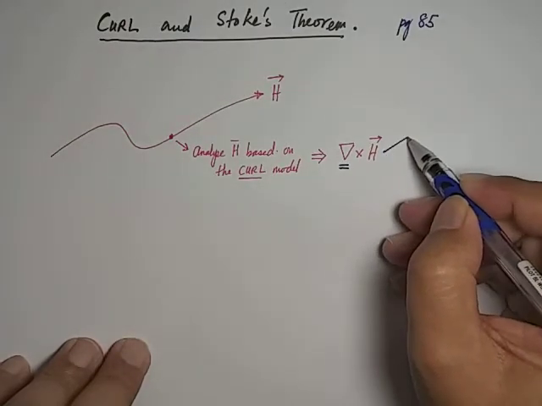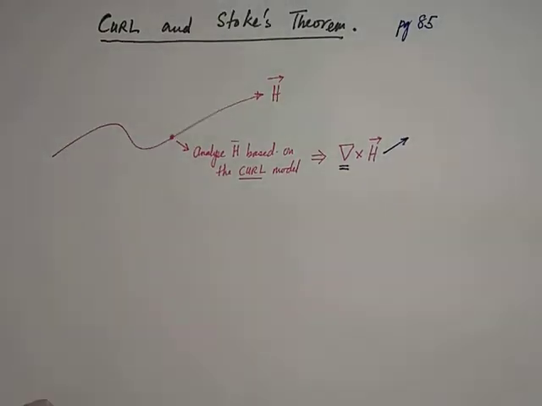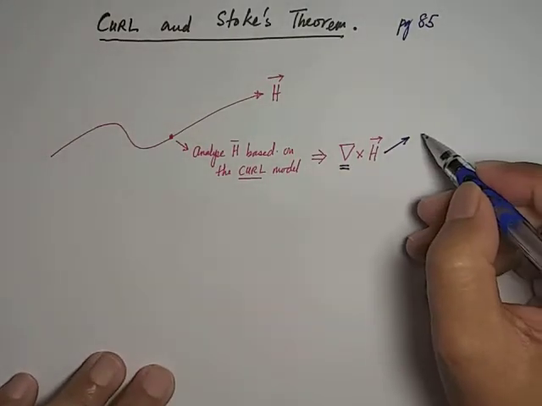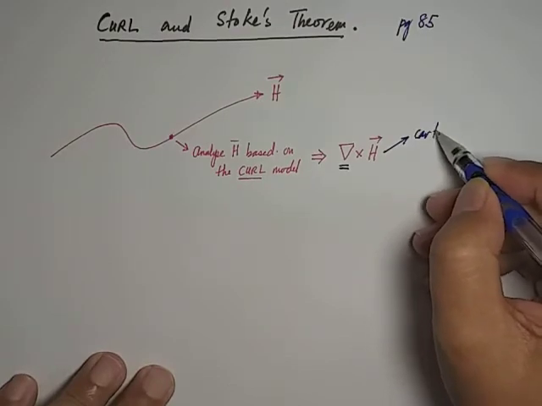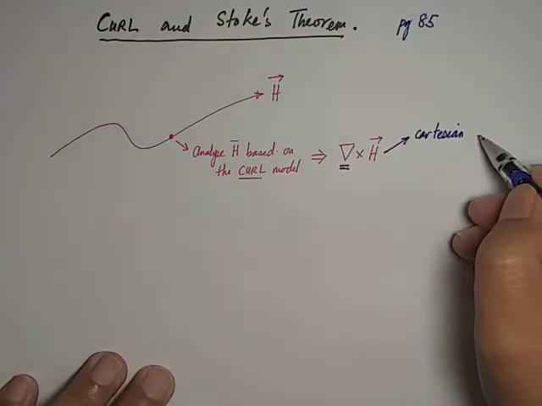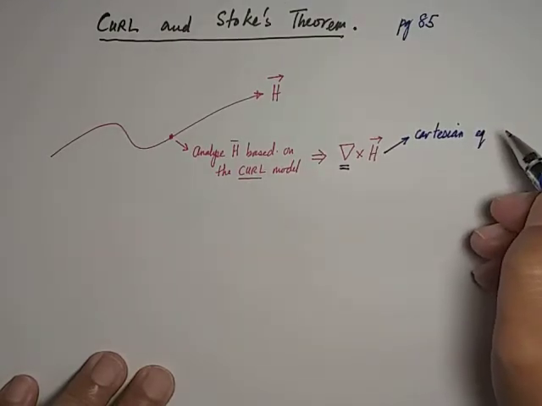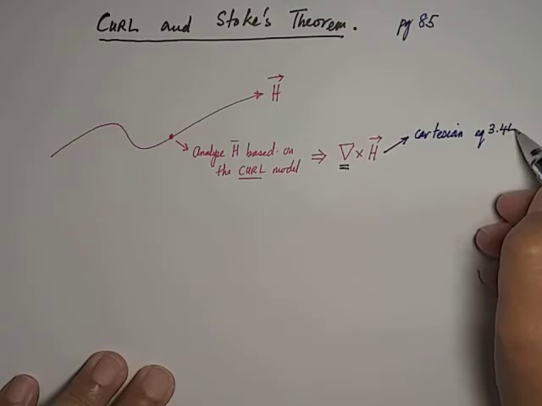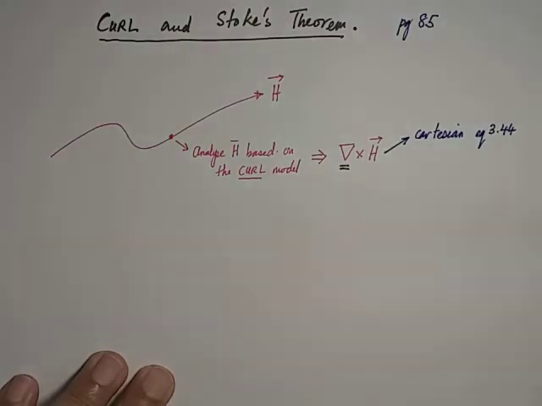Therefore, logically, you are going to have equations based on various coordinate systems. For Cartesian, you have to refer to equation 3.44, on page 85 in our textbook.